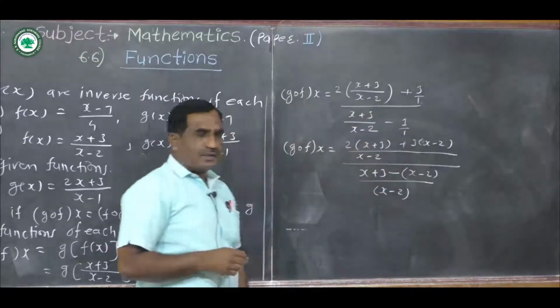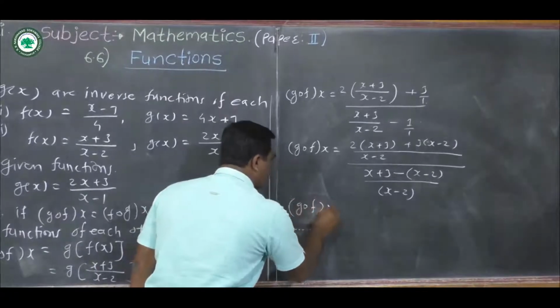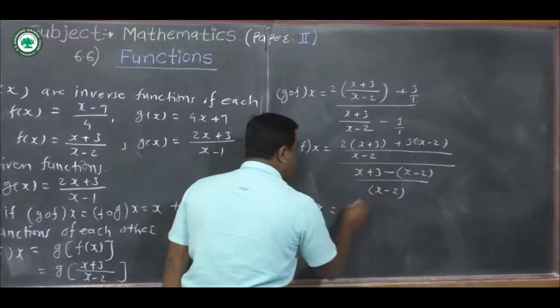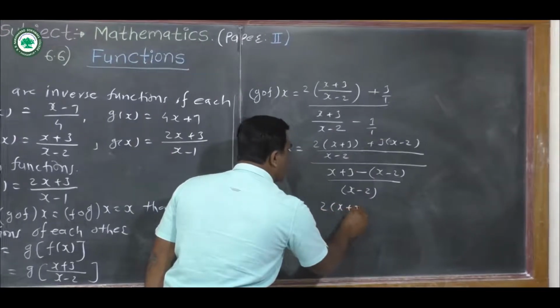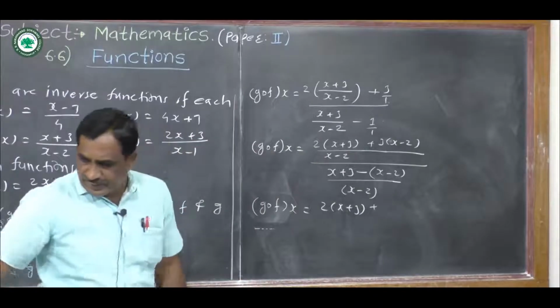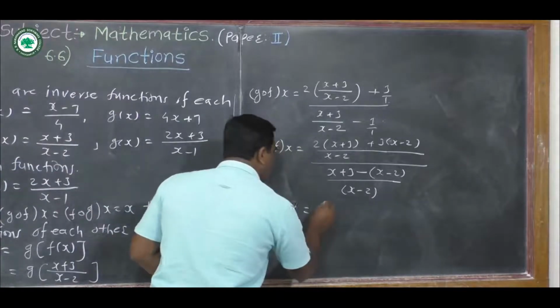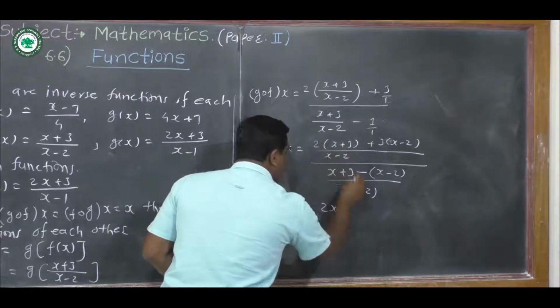Okay, now we can simplify this. Take product here, 2 into (x plus 3) plus, you can take product here, 2 into (x plus 3) means 2x plus 2 into 3 is 6.